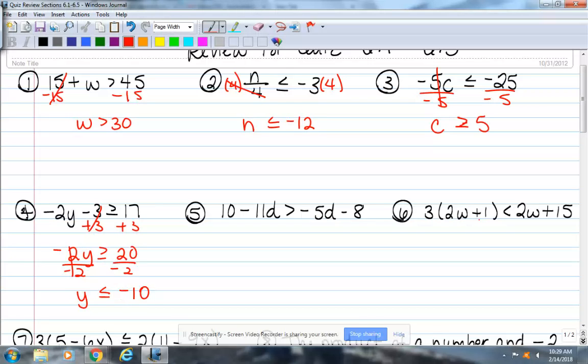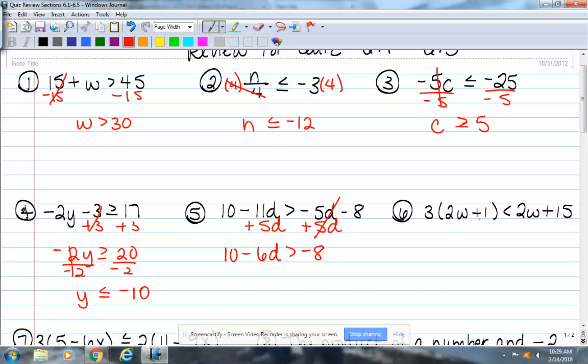Okay. On number 5, you have a variable on both sides of the inequality symbol. So we need to get them together first. So what do y'all want to do to get your d's together? Yeah, I always like to move mine to the left no matter what when I have inequalities. It just makes it easier on me because sometimes I forget stuff. Right, so that's 10 minus 6d is greater than negative 8.